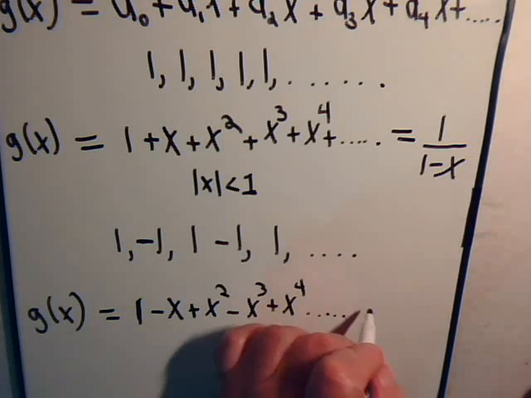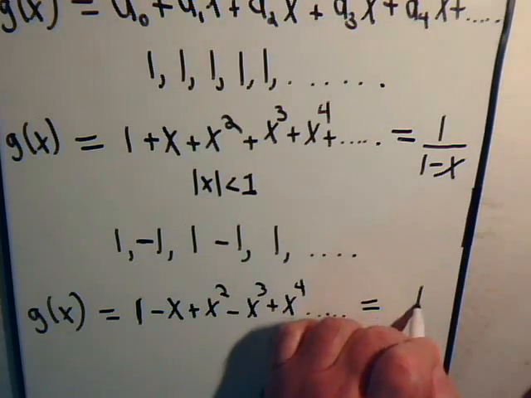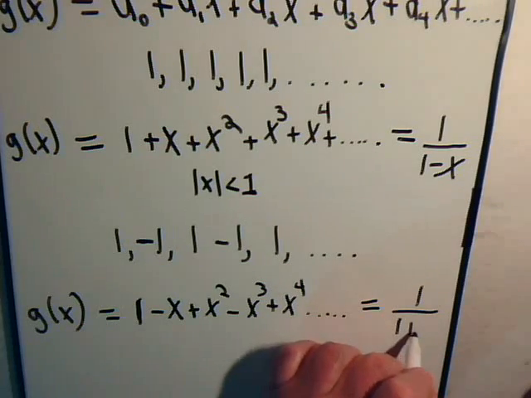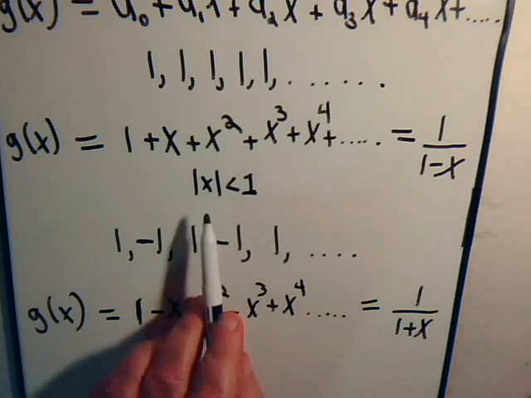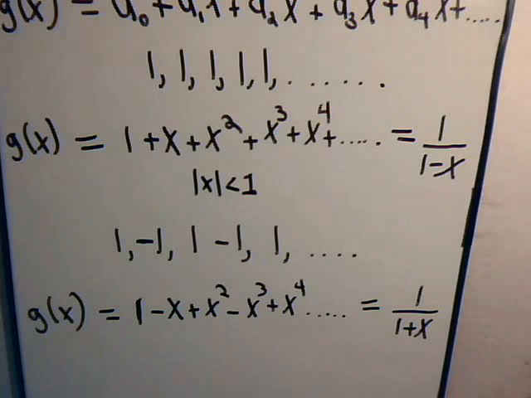Incidentally, this is equal to 1 over 1 plus x, again for values of x where the absolute value of x is less than 1.